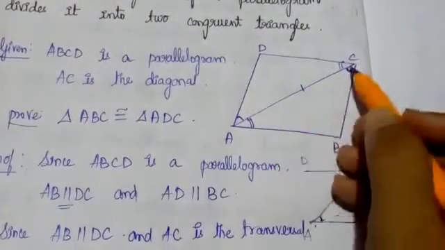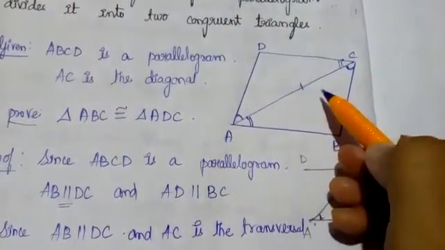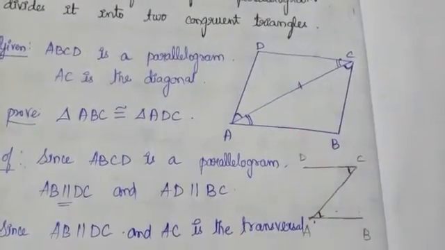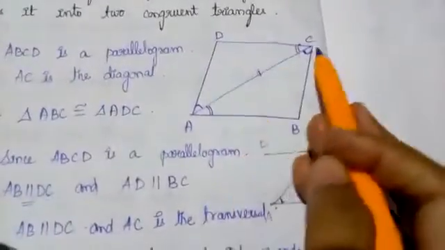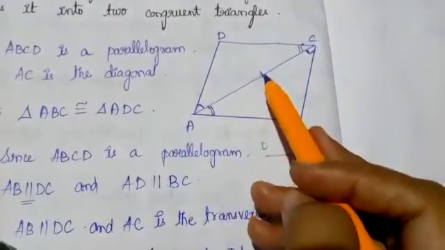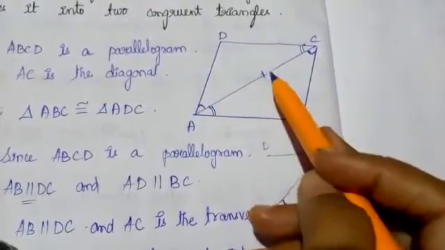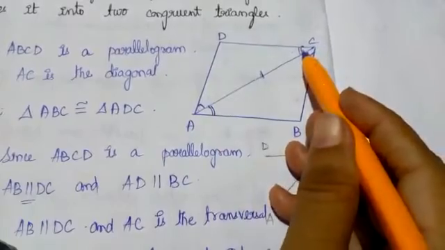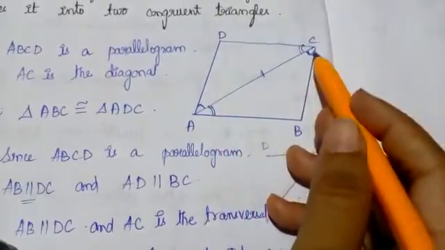So you can write it by the ASA rule. Two angles and the side between them are equal: two angles are equal, and the side between those two angles is also equal. So you can write it by the angle side angle property.